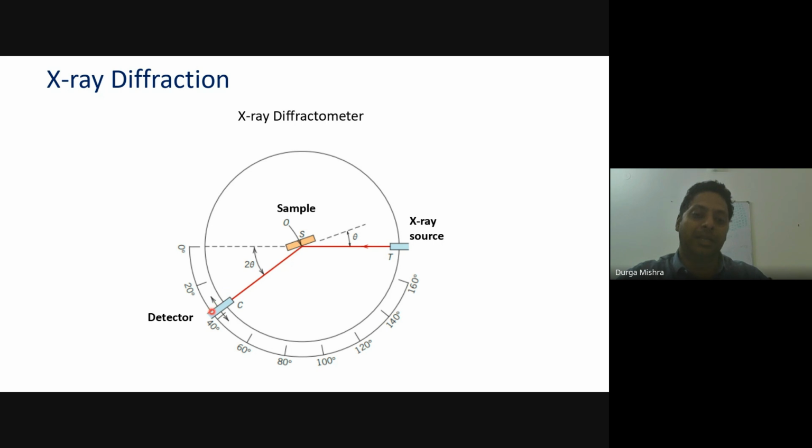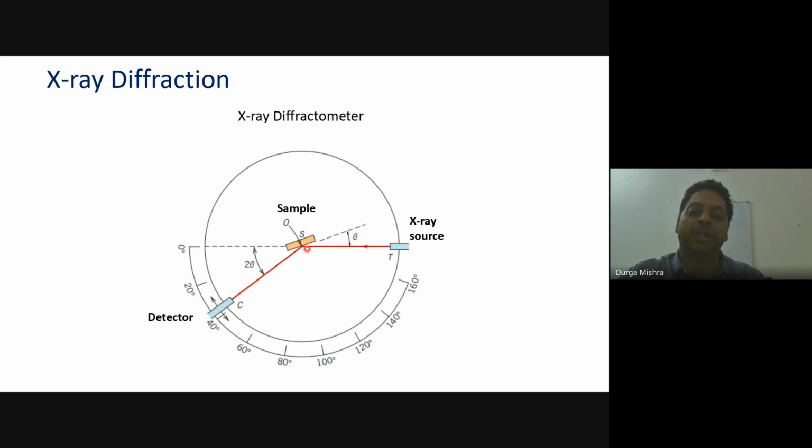This is where you measure the intensity using a detector, and you mount the detector at an angle 2 theta. You have to do that because only then will you satisfy Bragg's condition. Your angle of incidence is theta here, and the detector angle is somewhere else.